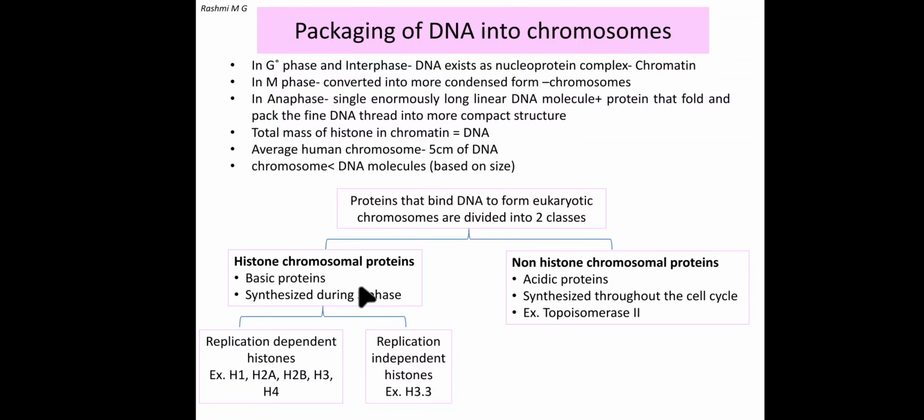Then in histone chromosomal proteins we come across two subtypes: replication dependent histones, for example H1, H2A, H2B, H3 and H4, and replication independent histones, for example H3.3. There is a word known as histone, right?